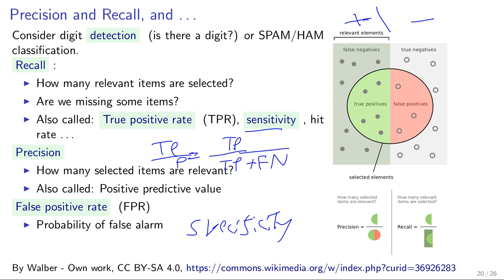So we're talking about the recall now. 0. What do you mean 0? What would be the classifier that achieves 100% in the recall?